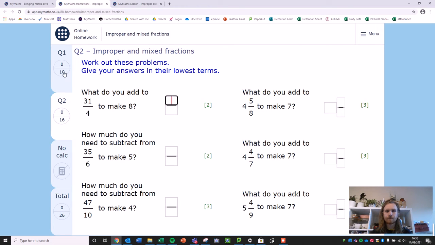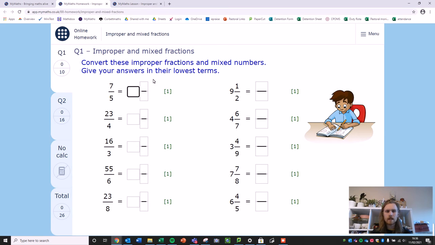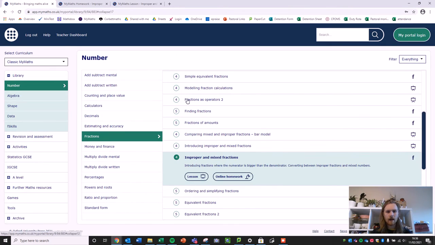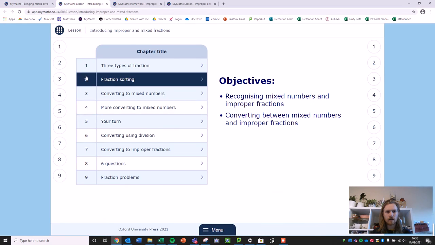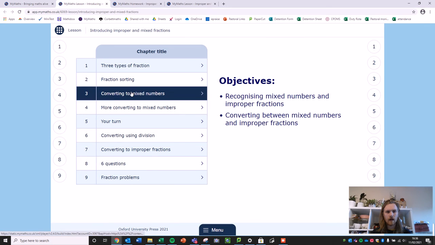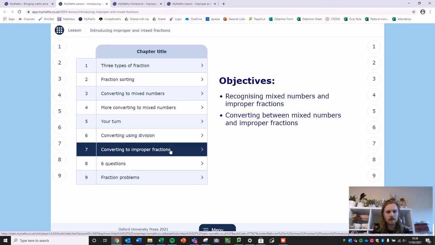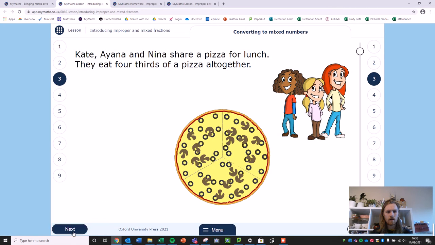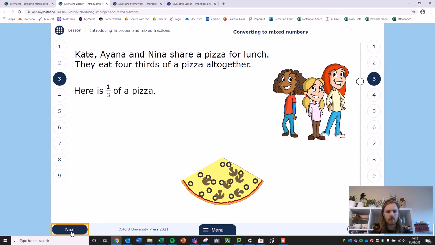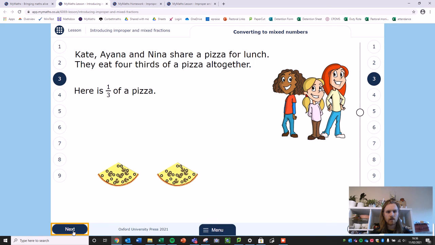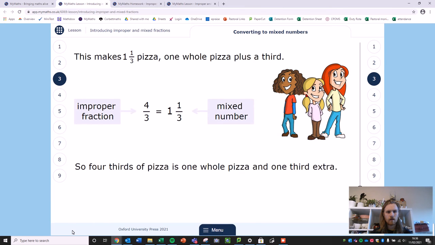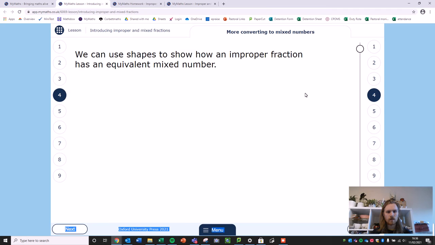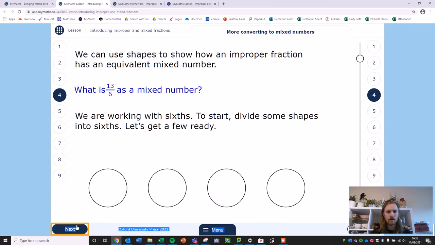That is covered in sections 1, 2 and 3, and this is covered in sections 7 and 8. If you're really struggling with these, you can go to introducing improper and mixed fractions and have a look at slides 3 and 7. It goes through using those pizzas again, in a bit more detail, and gives you a few more examples.